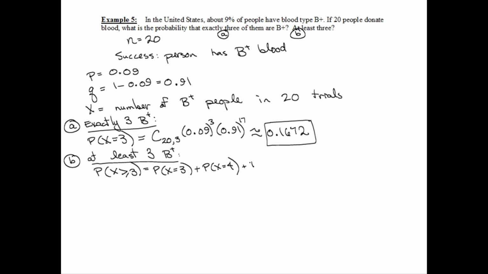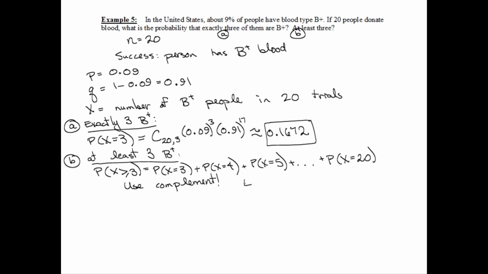We could have 5. All the way up to the most we could possibly have, which would be the whole group, every single one successful. So we would go all the way up to 20. So we're going to have a whole bunch of formulas to add up, and we don't really want to do this. We want to use the complement. You want to look and see if the complement will make your life easier. And in this case, it definitely will.